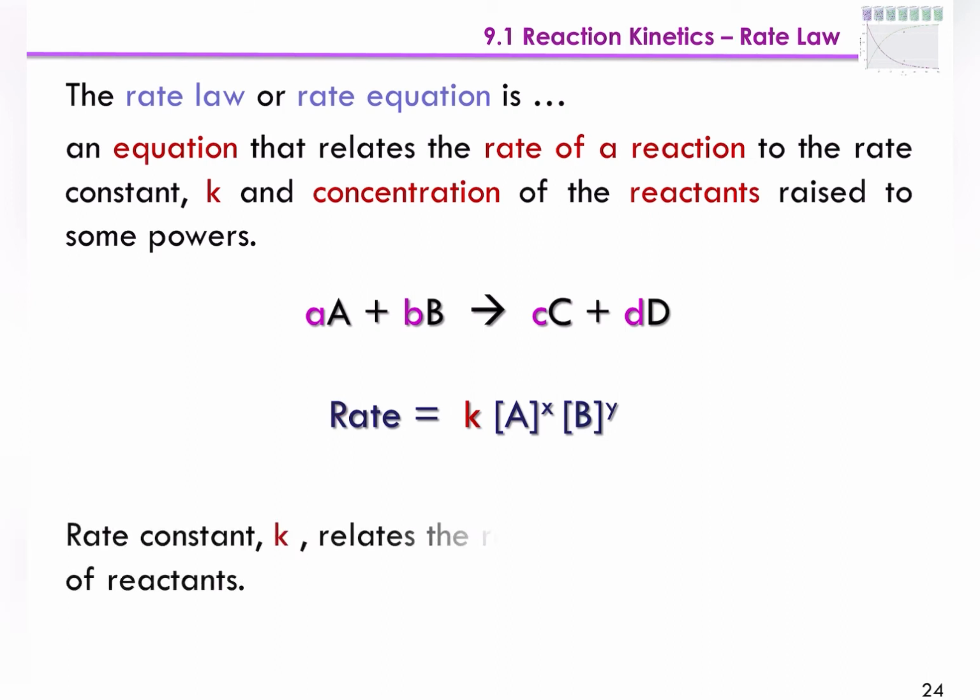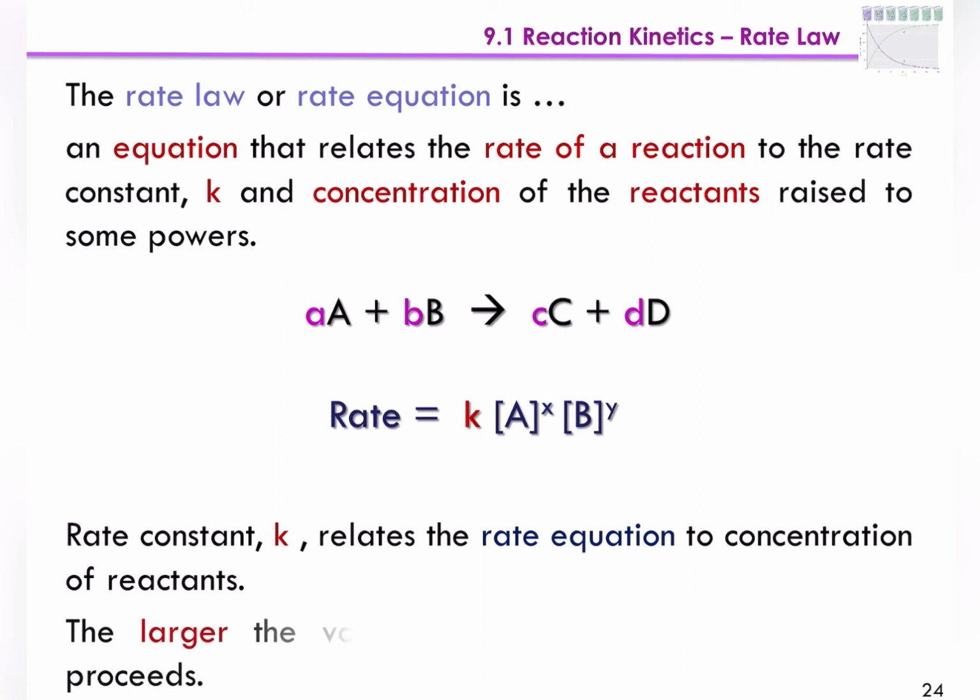You know that K, rate constant, relates the rate equation to the concentration of reactants. And of course, you see here in my expression, I only put the reactants sahaja. C and D adalah saya punya produk. They are not considered in rate law. And the next one, if you got the larger value of K, of course, the reaction will proceed very fast.